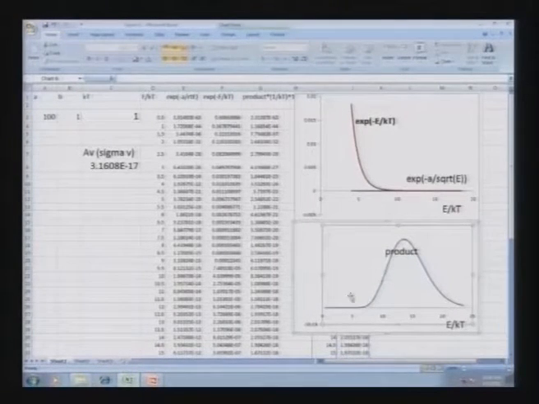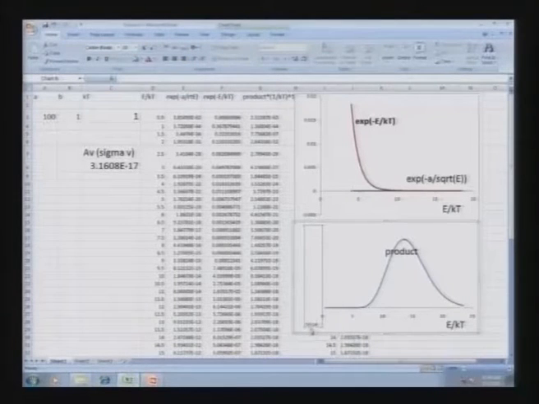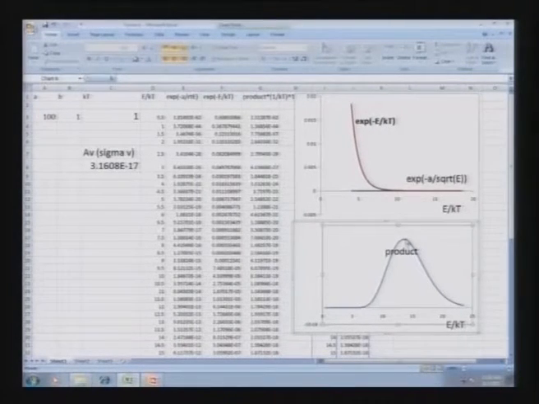So, what you see is this product goes through a maximum and then again it decreases and becomes very small later on. The scale here you may not be able to see, the scale here is 5 into 10 to the power minus 19. So, for this lower curve do not get misguided by the large height that is being shown here.